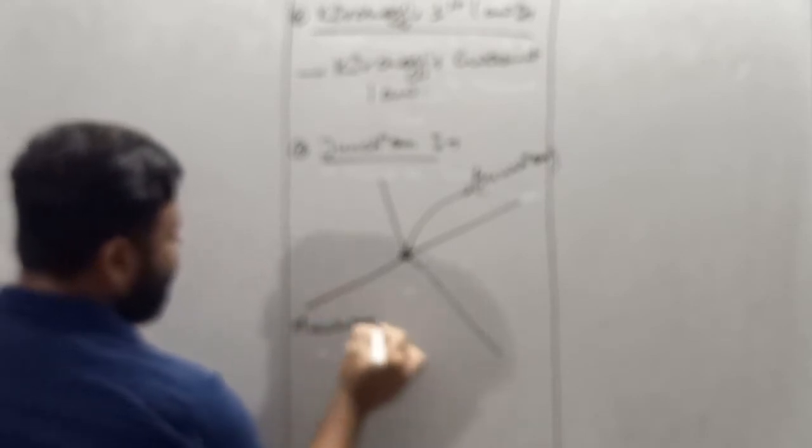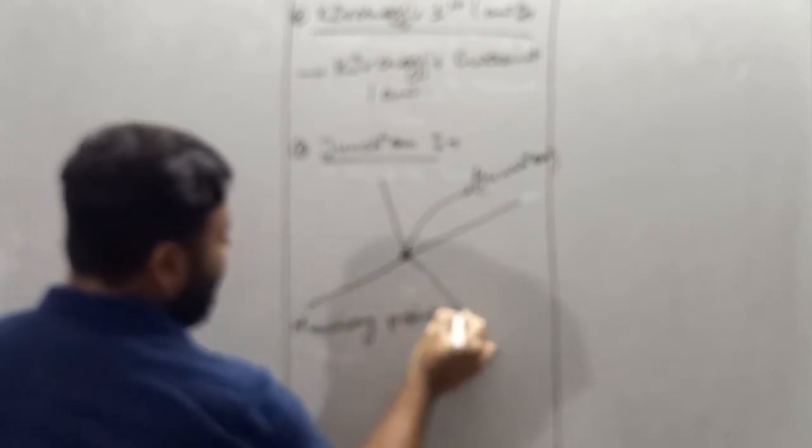So what does junction mean? Junction means the meeting point of more than one wire.